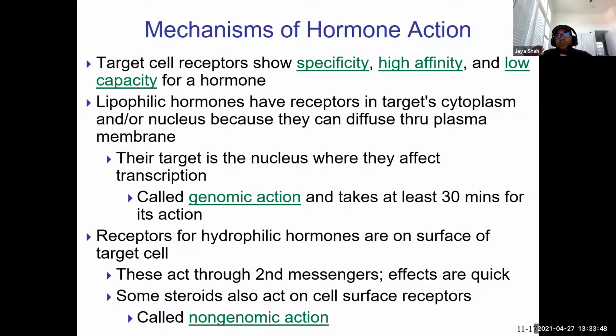That doesn't mean they don't have receptors outside the cell. They have receptors on the cell surface too. If they bring the effect of that hormone by binding on the receptor on the surface of the cell, then we call it non-genomic action of steroid hormones.